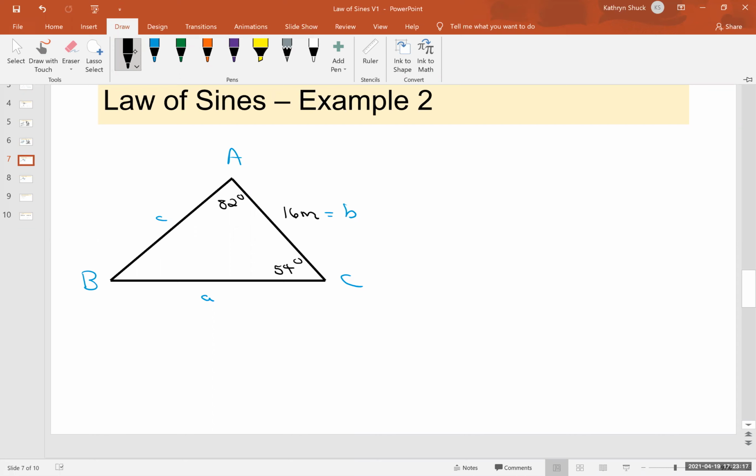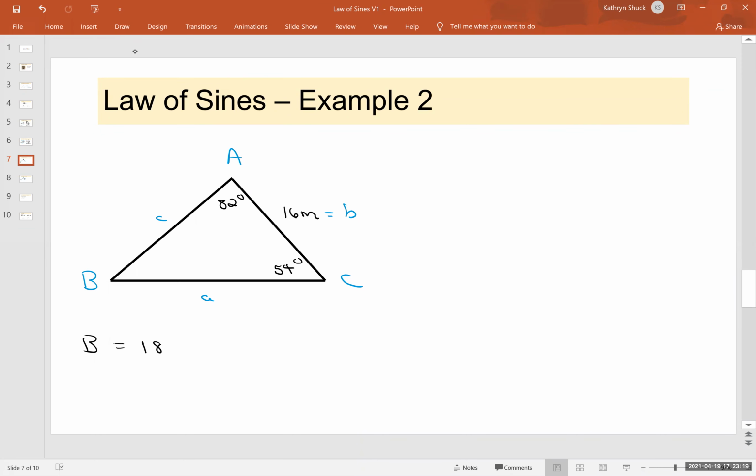So just real quickly, B equals 180 degrees minus 82 degrees minus 54 degrees. So angle B equals 44 degrees. Once we know that, we have a known ratio, and we can find everything else we need using the law of sines.